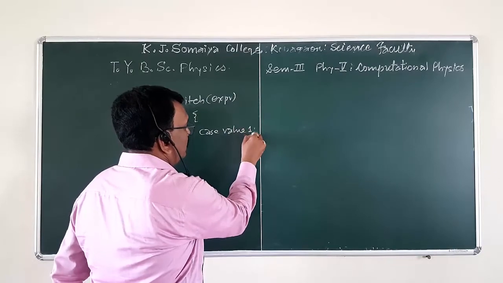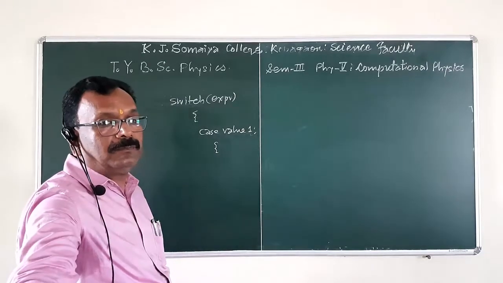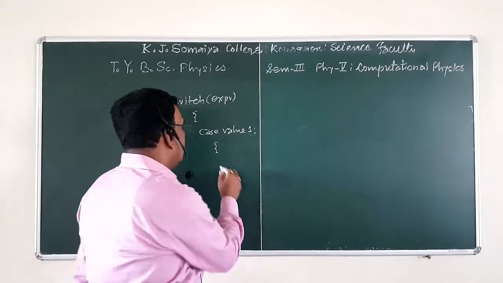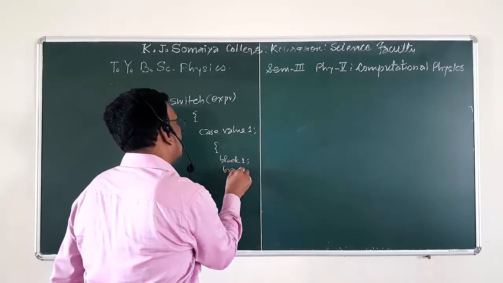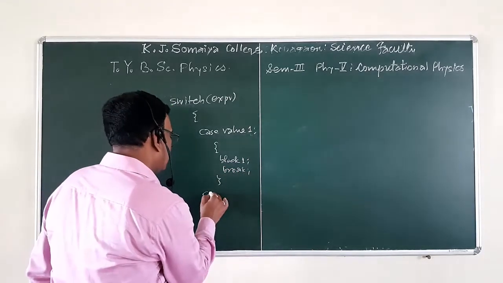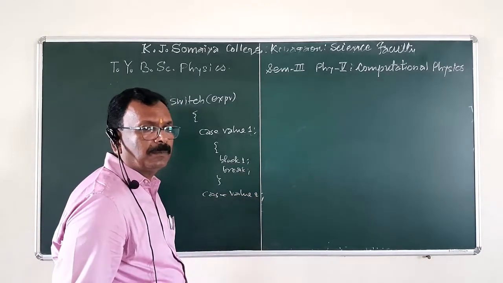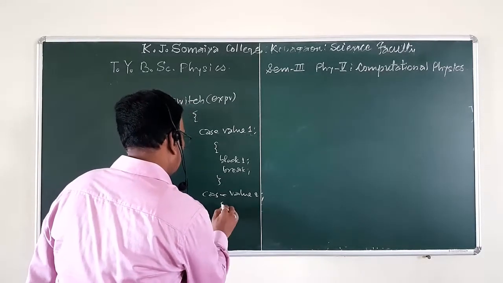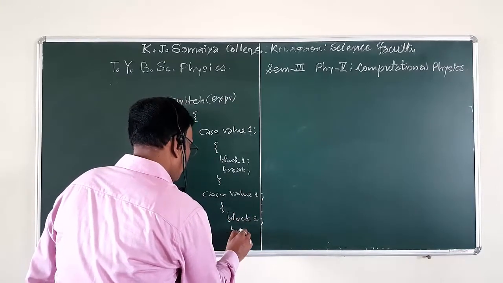Suppose case 1, then for this case there is a block, and the block is block 1, break, then case value 2, then further block 2, then break.